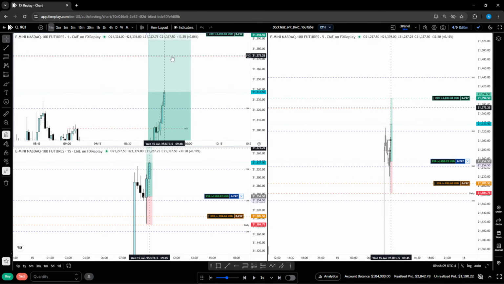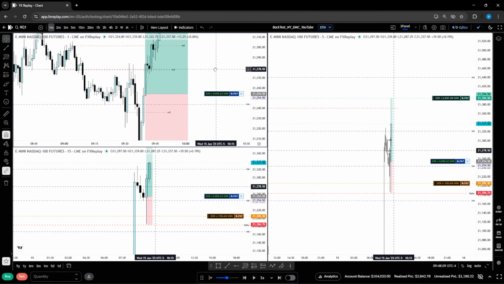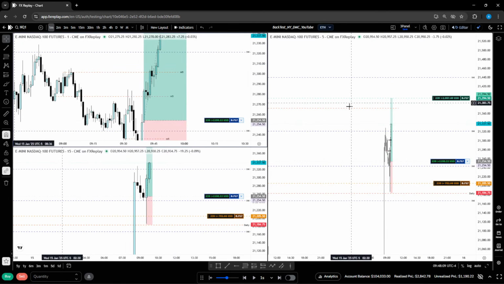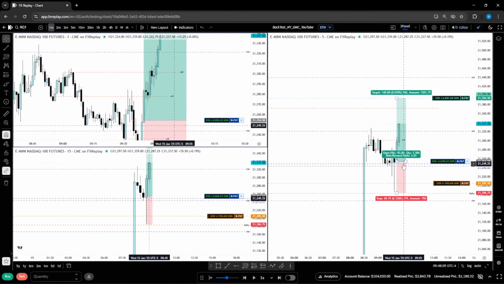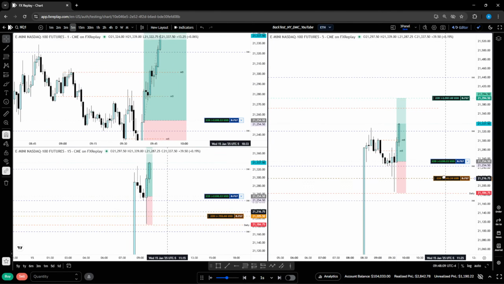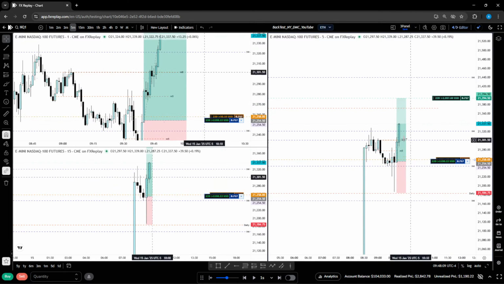So we can go close to this level. At this point, I am not going to allow the trade to come back down here. Yeah, actually I'm going to go for break even. Slightly better than break even.